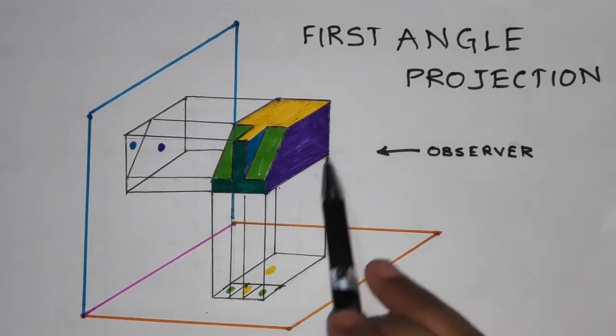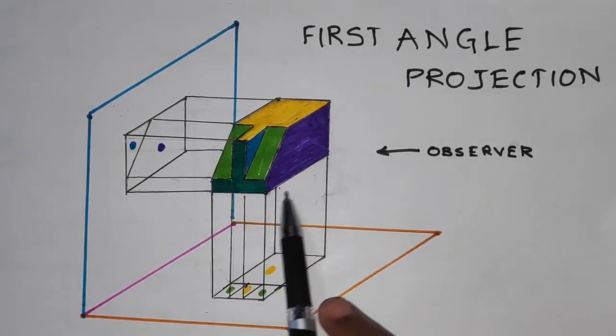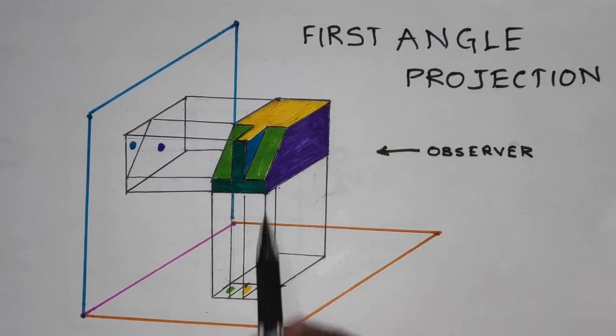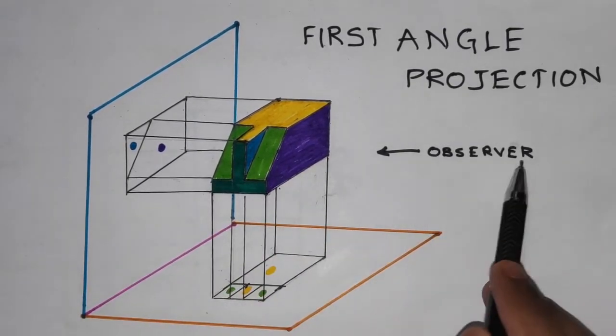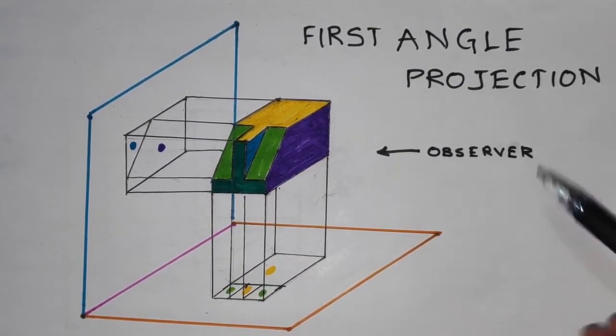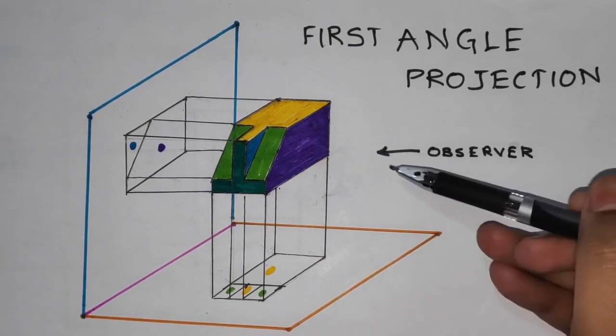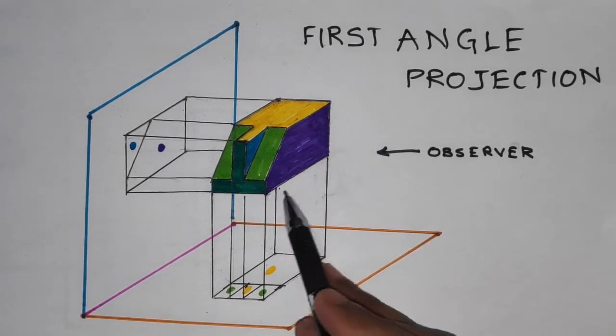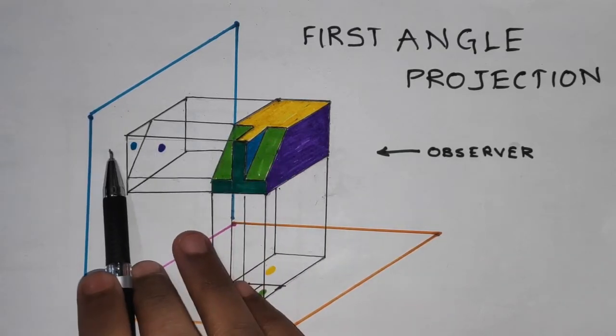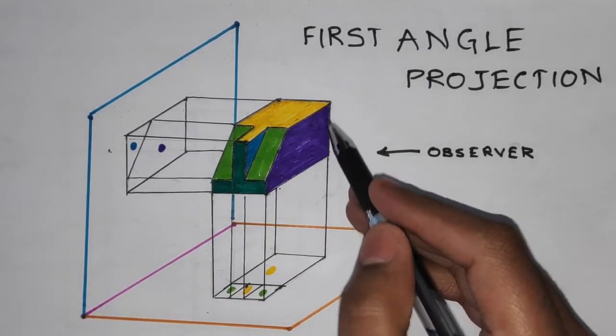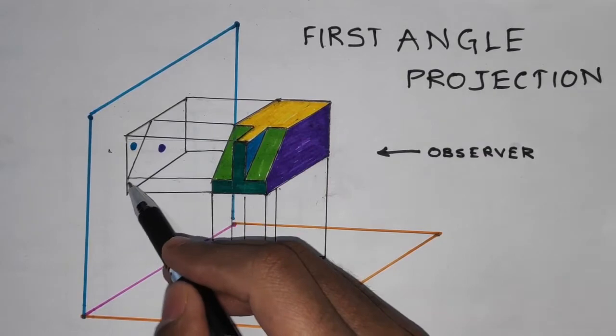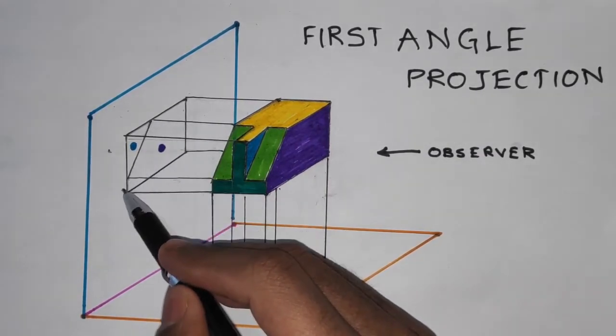This is the object which is placed in the first quadrant, that is above HP in front of VP. Here there is an observer. When the observer sees in this direction, the projection of this particular object falls on the vertical plane. We can see this purple shaded figure projected in this direction.